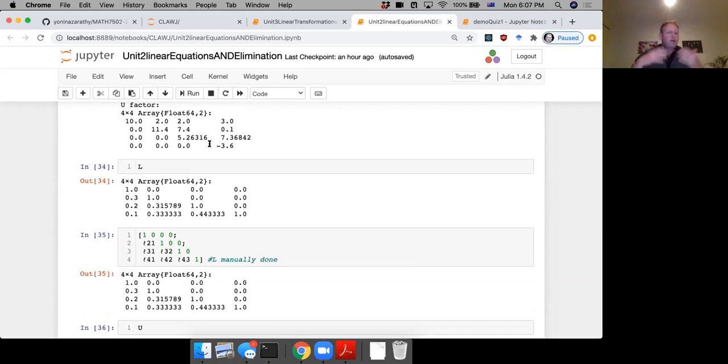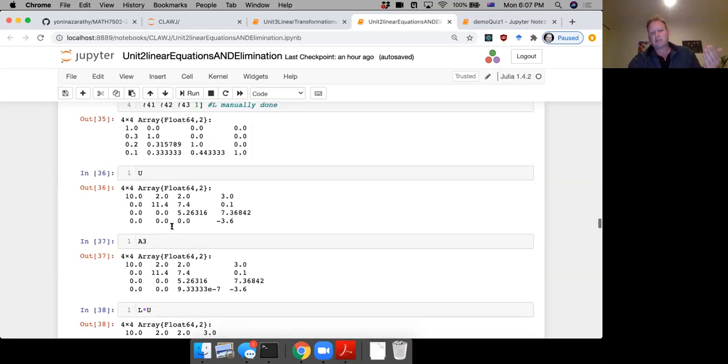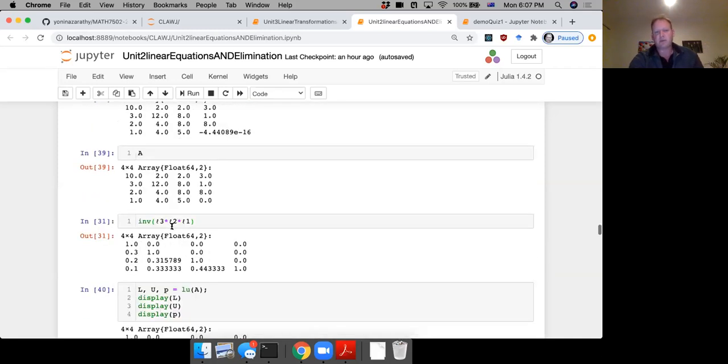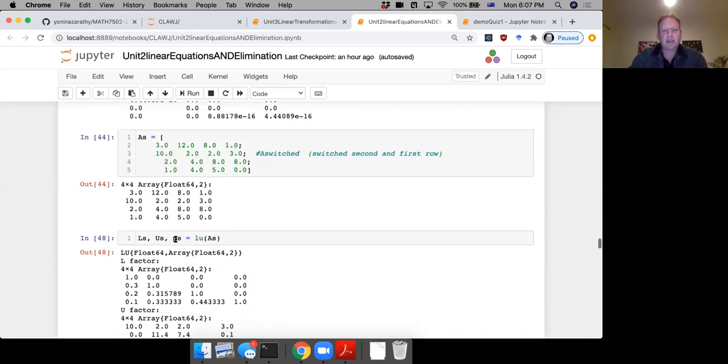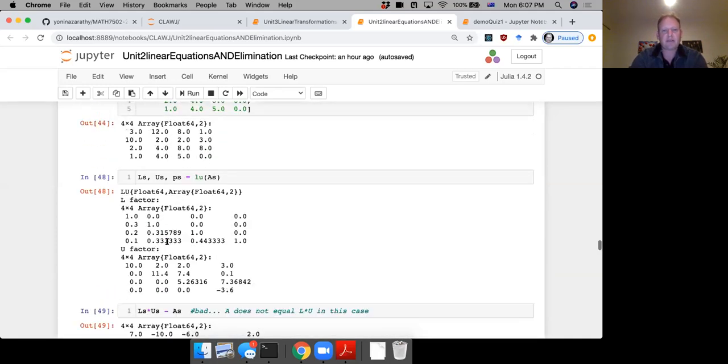It won't know ahead of time what the permutation will be, but as it works, it might say, I want to do these switches. Sometimes you have to do it mathematically because you are going to divide by 0. But other times, even if you're not going to divide by 0, it'll still do it for numerical reasons that we're not getting into. So just to finish this here, let's do now the factorization.